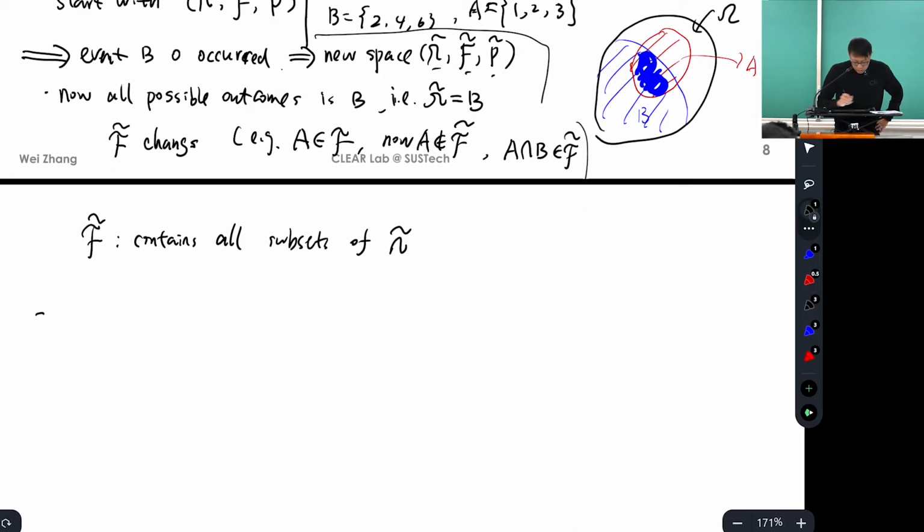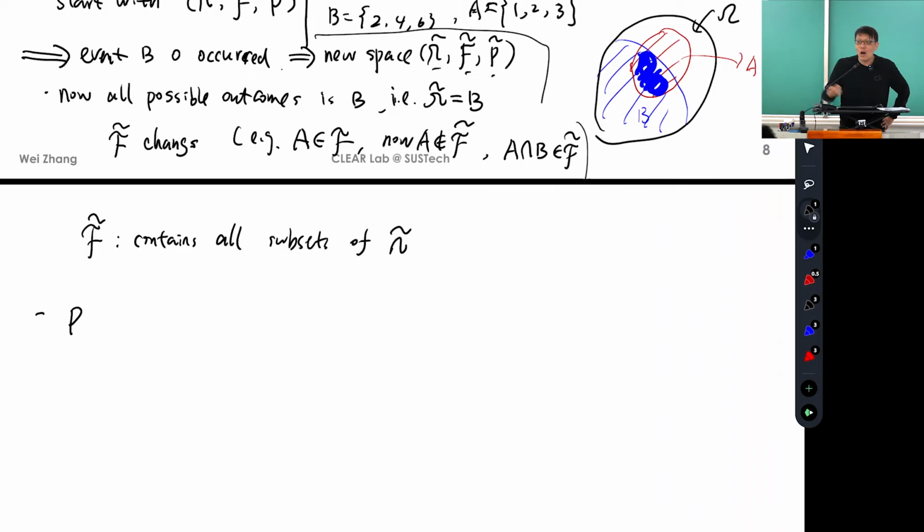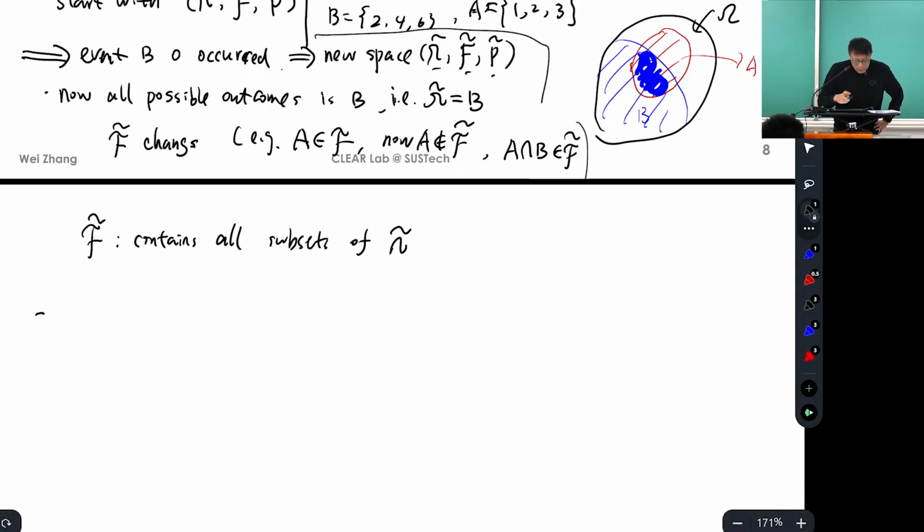Well, now we don't have to specify completely about F tilde. All we care about is really how to compute the probability, right? So defining omega and F helps us to formalize things and avoid making some mistakes. What about how do you specify the probability?